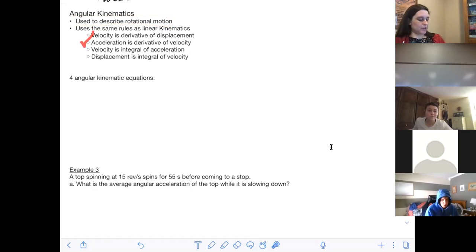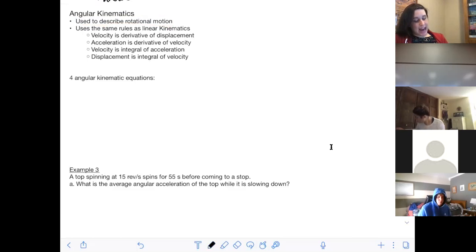Acceleration is the derivative of the velocity. And the velocity is the integral of the acceleration. Displacement is the integral of the velocity, okay? Those are ideas that we really spent a lot of time hammering home in semester 1 when we were talking about linear kinematics. And so angular kinematics act the exact same way.